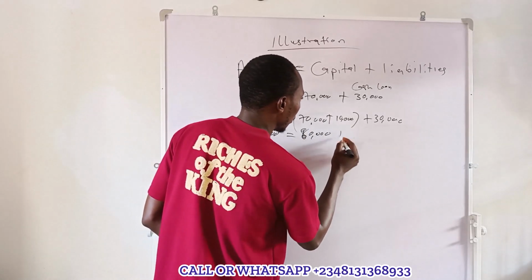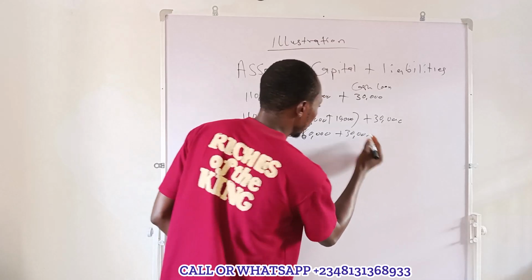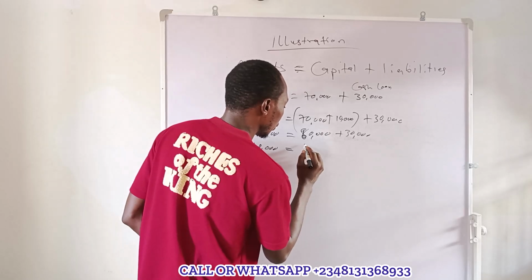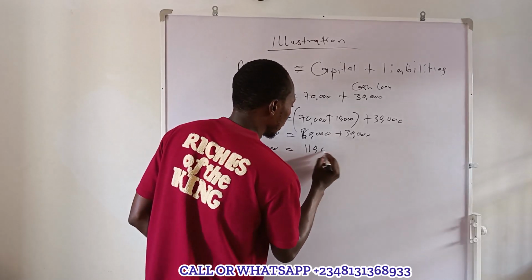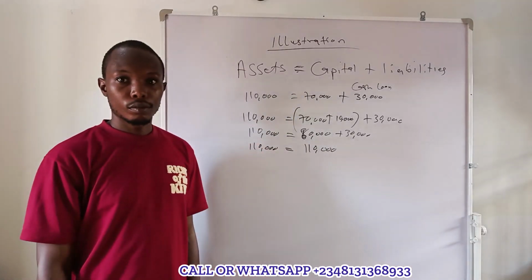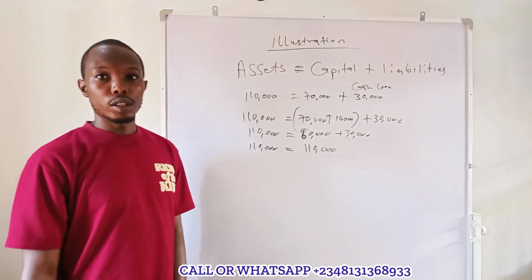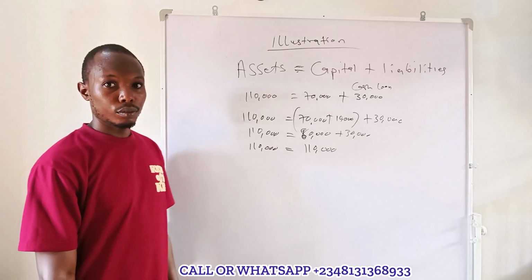Okay, 80,000 plus 30,000. So at the end of the day, we have 110,000 equal to 110,000. So this is why this information is like this.